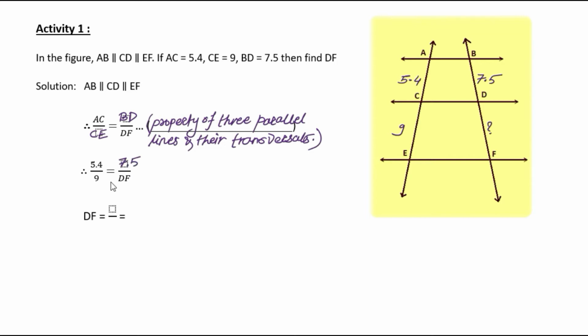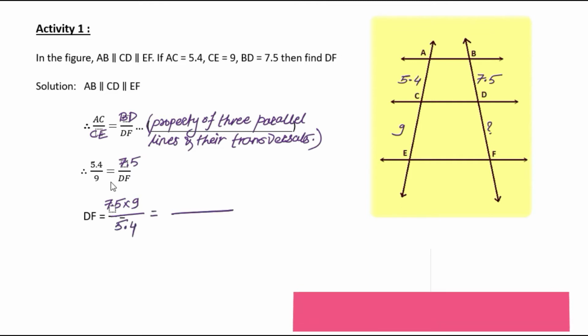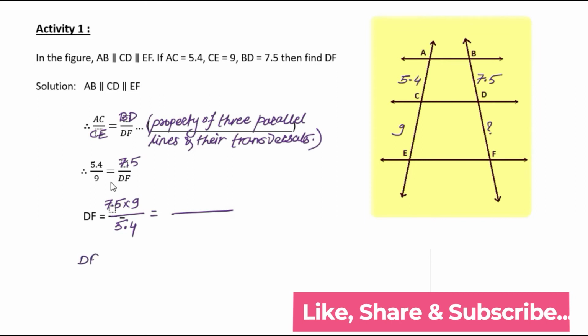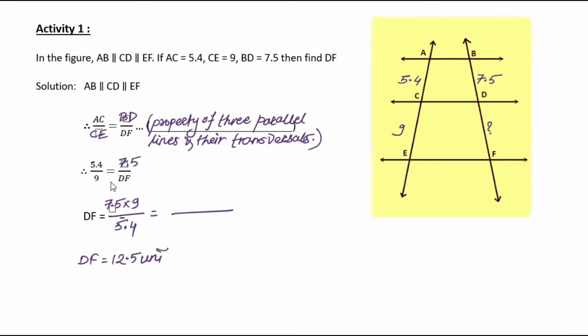So we will take DF on the LHS and take 9 and 5.4 to the RHS. So 7.5 into 9 upon 5.4 is equal to what? This is the task for you, and the final answer is 12.5 unit. Here I am writing unit because in the question units are missing, so you can simply say unit. This is the answer.